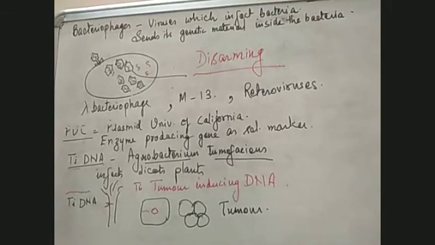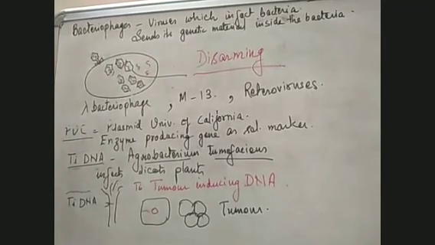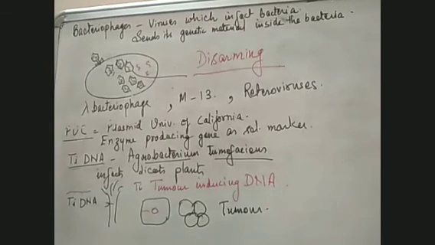So this is what. Is there anything in this which you could not understand or you want me to repeat? Yes? Anything in this which you want me to repeat? Then I'll tell you about screening and the antibiotic selectable markers. I'll start with selectable markers now.